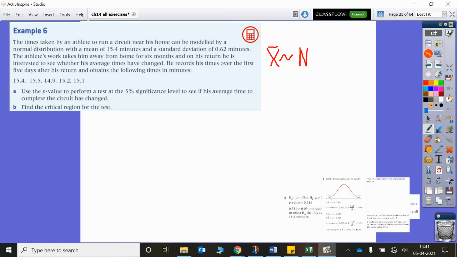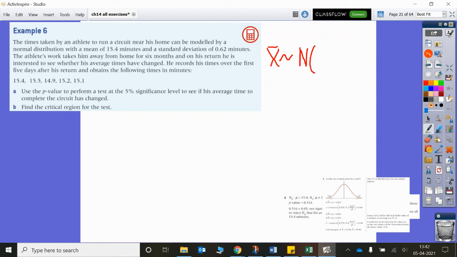We know it's normally distributed because they say from the start that his times have a mean and a standard deviation which is normally distributed. So we don't need to worry about the sample size being less than 30 here, because we're told originally that this comes from a normal distribution. We weren't in the previous question.